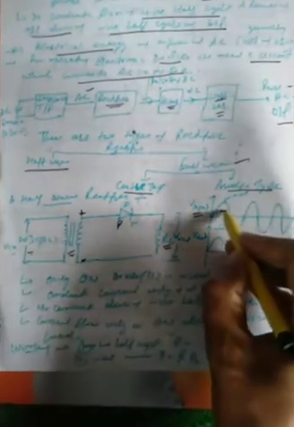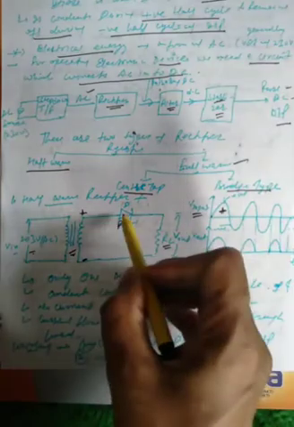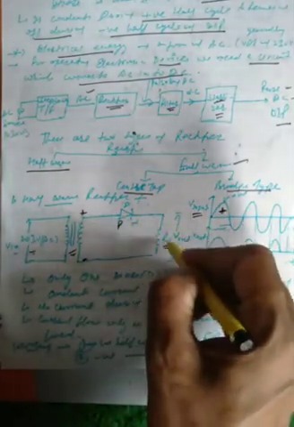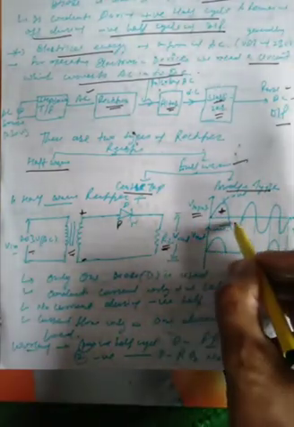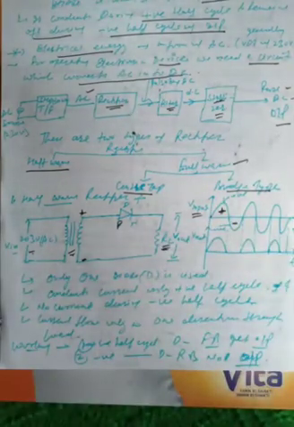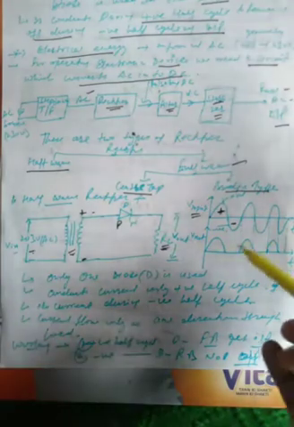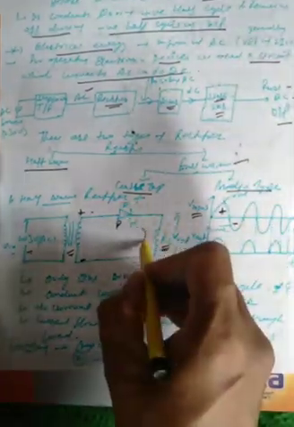When we supply the positive half cycle, what happens? During the positive half cycle the diode is in forward bias and current starts flowing through it, then you get the output across the load RL. When it is the negative half cycle, the diode is in reverse bias, so there will be no flow of current through the circuit.